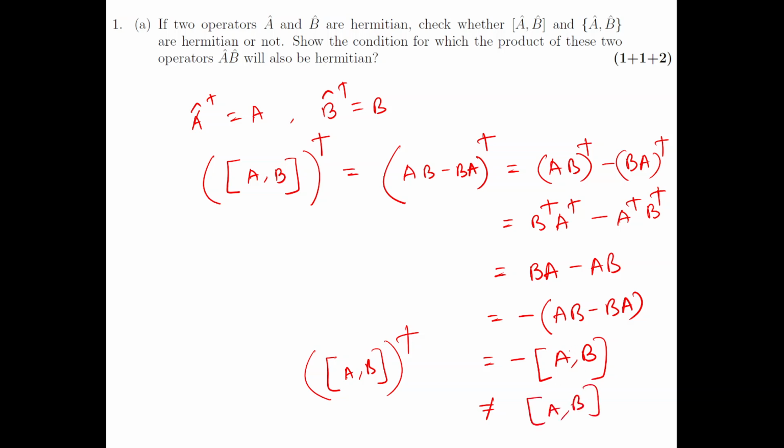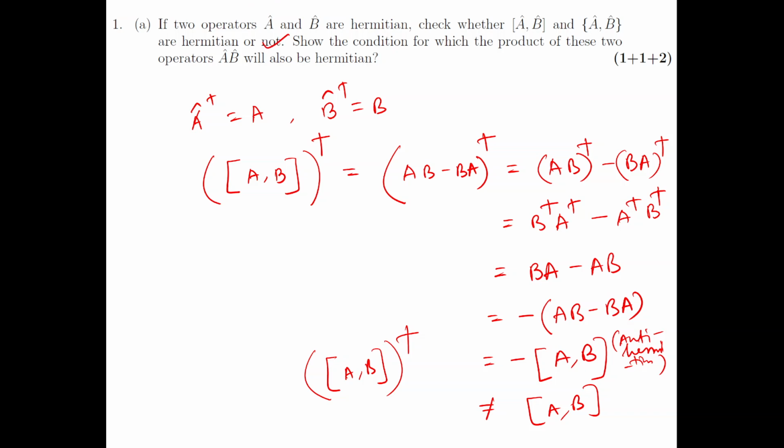This is minus of the commutator. That's why this is called anti-Hermitian. This is not Hermitian.